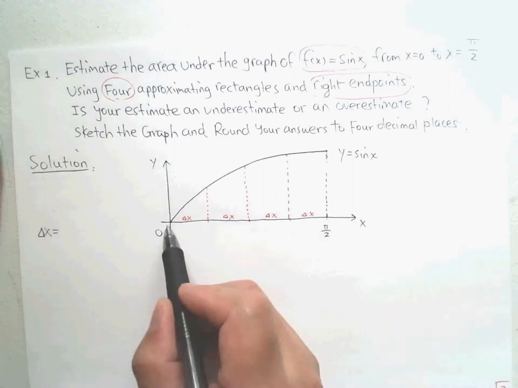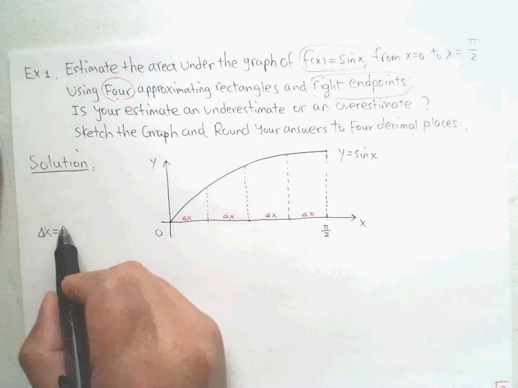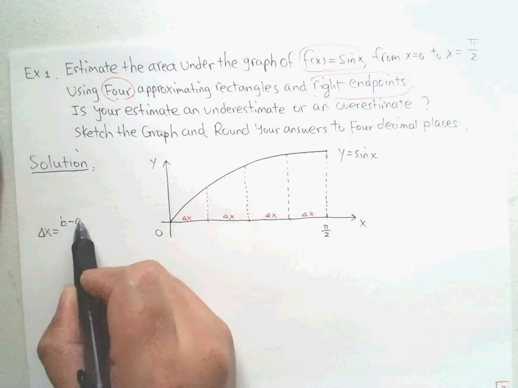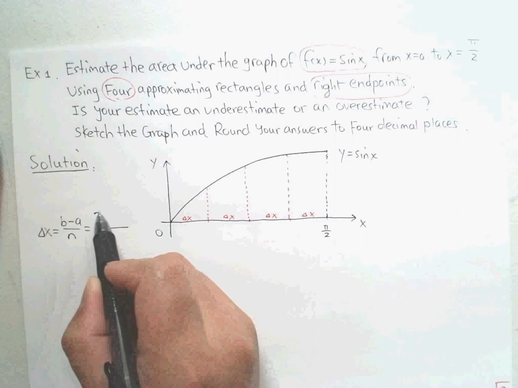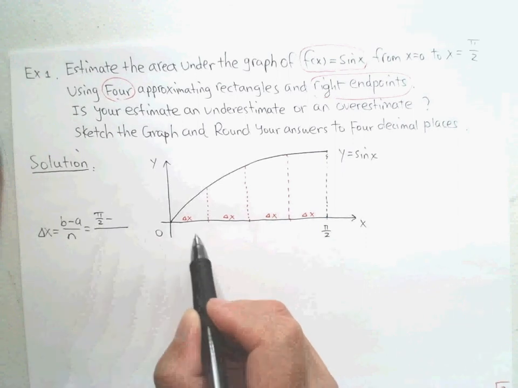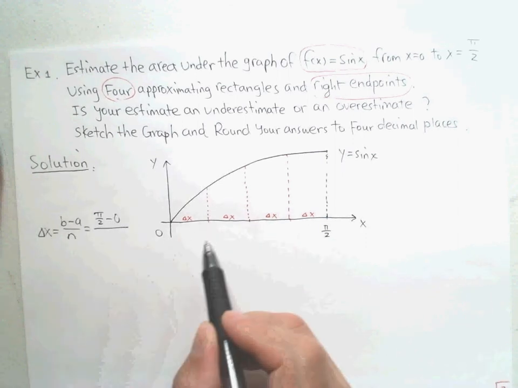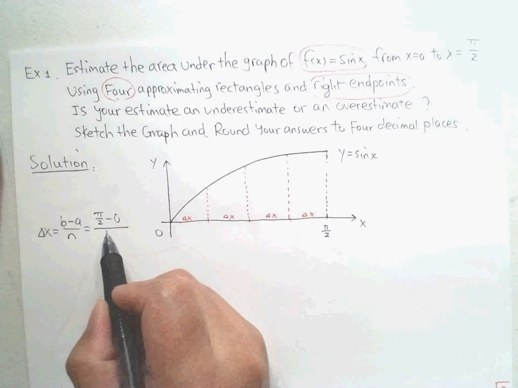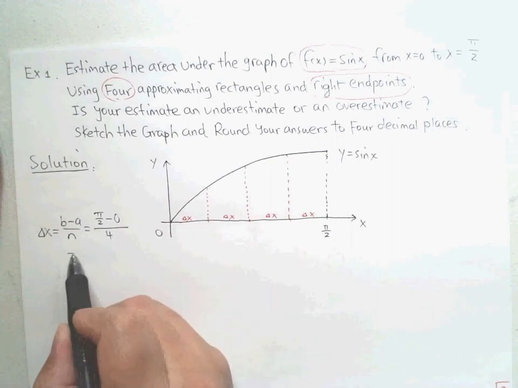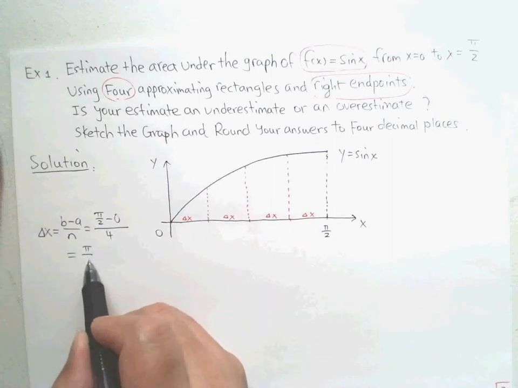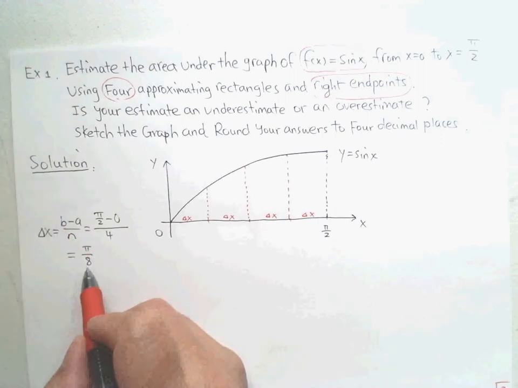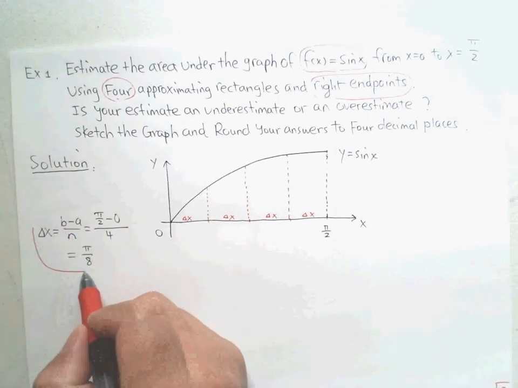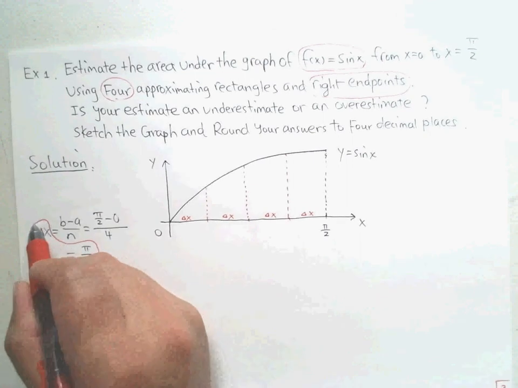Delta x is b minus a over n. So this time b is pi over 2, a is 0, n is 4. Divided by 4, if you do the calculation, this is exactly pi over 8. Okay, so this is the one we need.